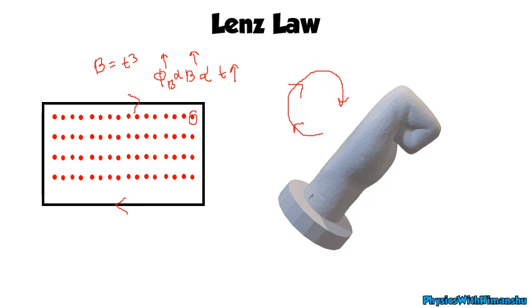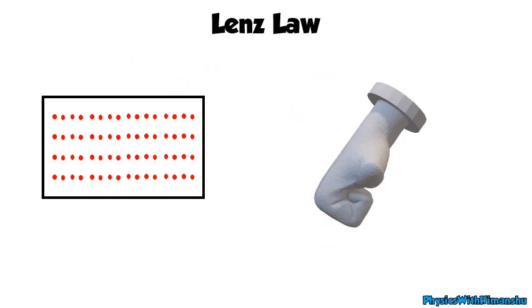Okay, let's take one more example. Suppose the magnetic field is outwards and it is given that the magnetic field is equal to 1 upon t cubed. In this case, the magnetic flux is directly proportional to the magnetic field, but the magnetic field is inversely proportional to time.